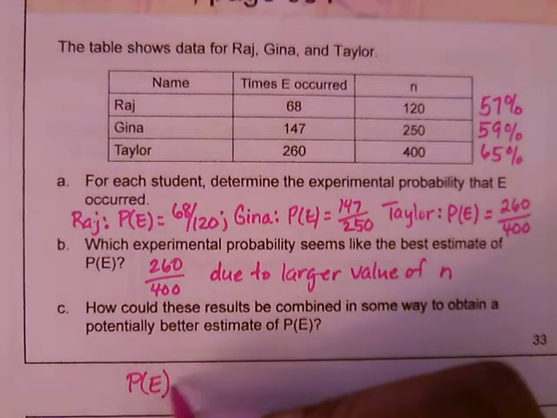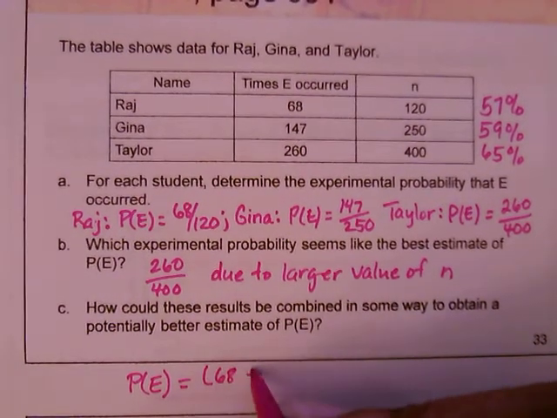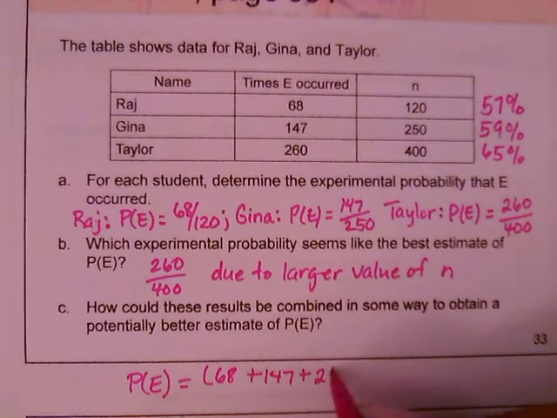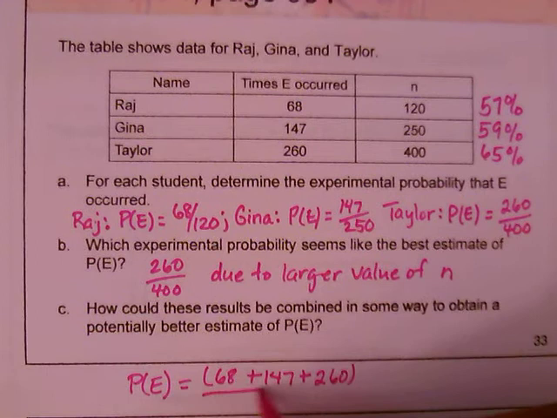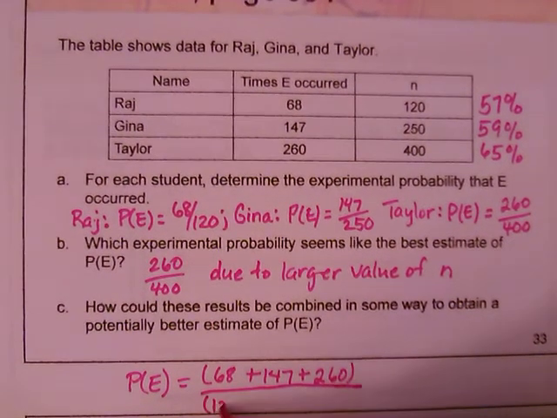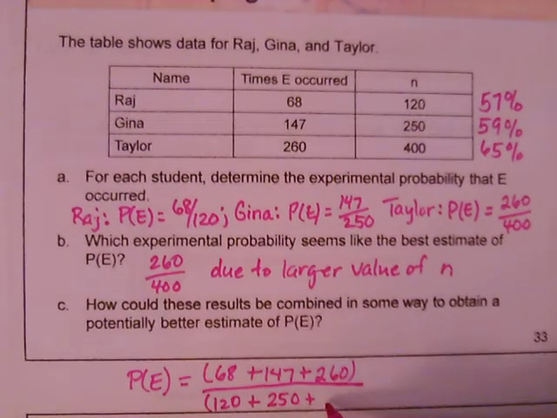That's going to be 68 plus 147 plus 260. That's going to be divided by the denominator, the sum of 120, 250, and 400.